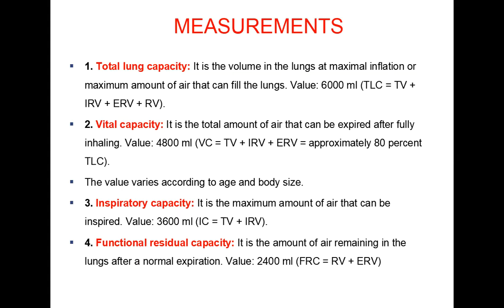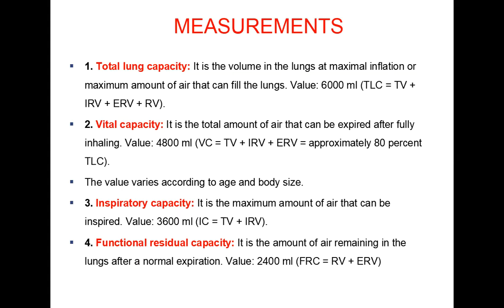Inspiratory capacity is the maximum amount of air that can be inspired, that is 3600 ml. The inspiratory capacity is equal to the tidal volume plus inspiratory reserve volume, whereas the functional residual capacity is the amount of air remaining in the lungs after a normal expiration.